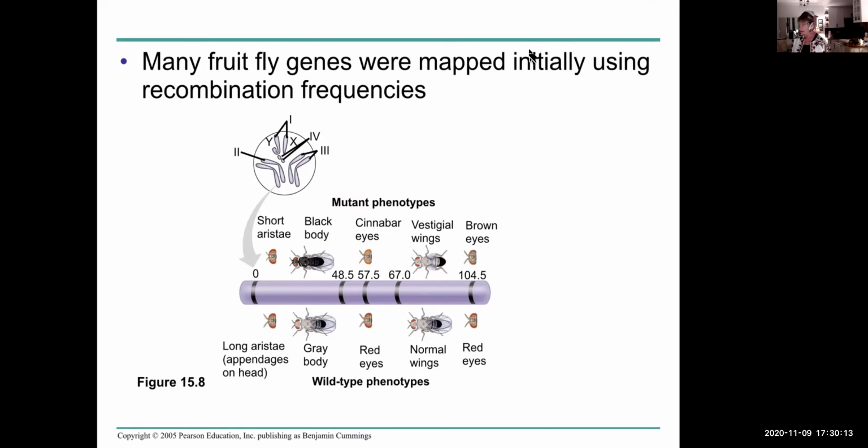And it shows things like gray body, black body, where that is on the chromosome, different eye colors, wings, and other eye colors. So these numbers here indicate the frequencies of recombination, and it gives you an idea where these genes might be on that chromosome.